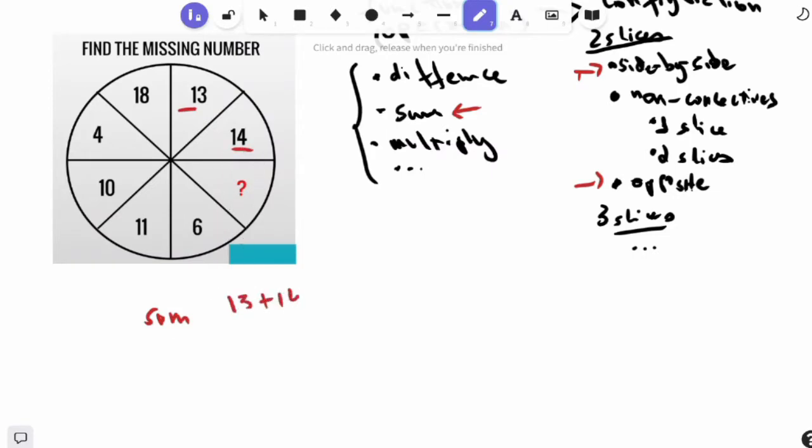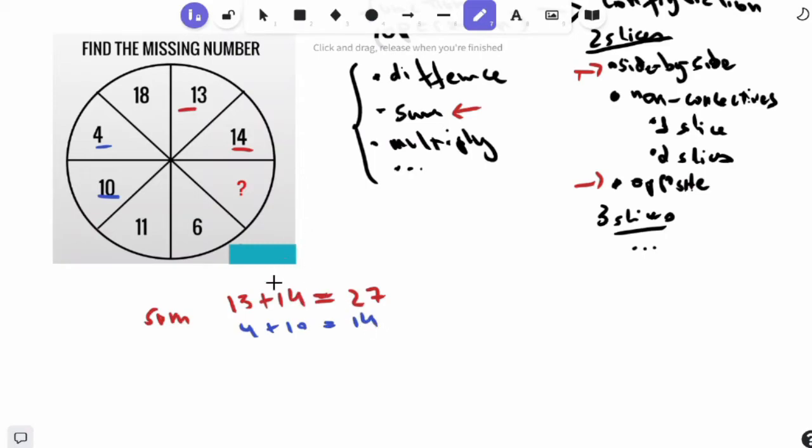If we sum these two, we will get 27. And if we sum another two slices that are side by side, 4 plus 10, we have 14.